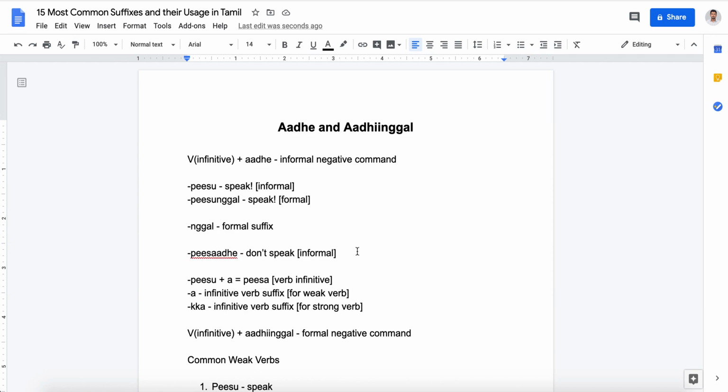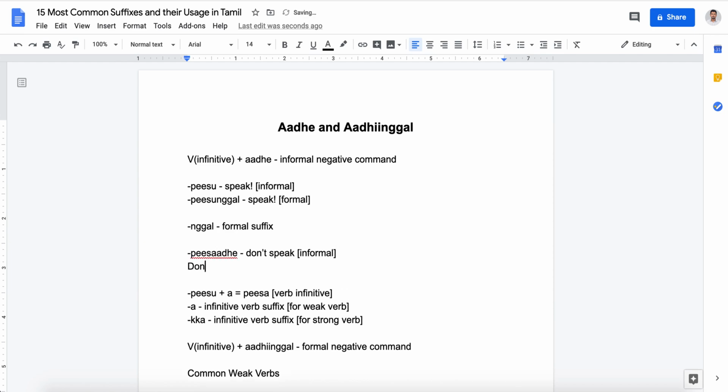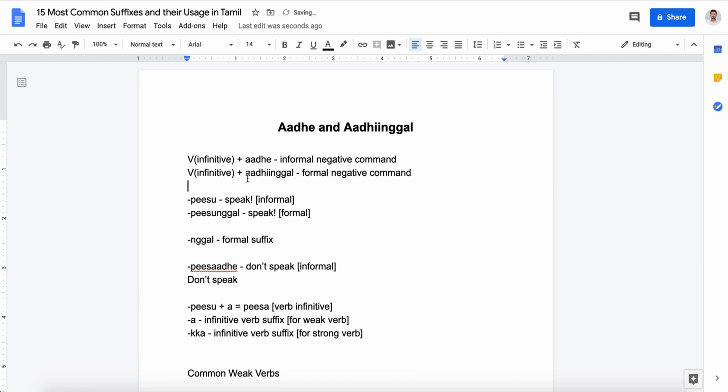In the same way, when you want to say don't speak formally, we have to use Aadhiinggal. So pesa plus Aadhiinggal becomes pesadinge. That's it, don't speak formally.